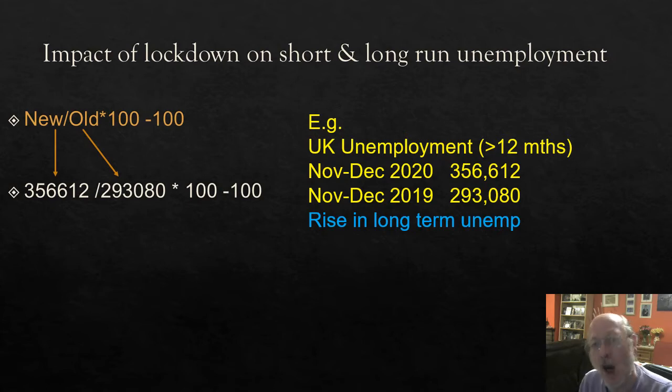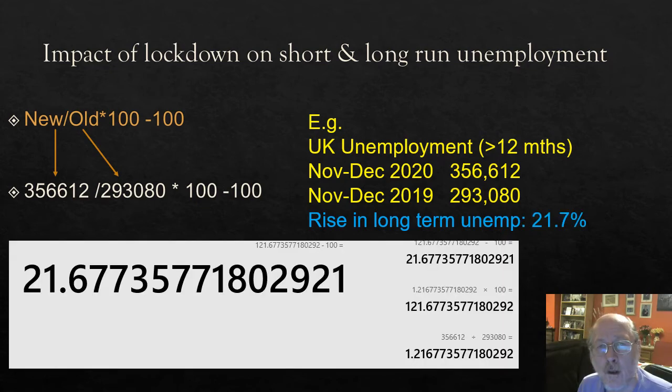So now under the old system that you probably learned, you've then got to do a complex subtraction to find what the difference is. Using this method, it's new 356,612 over old 293,080 times 100 minus 100.